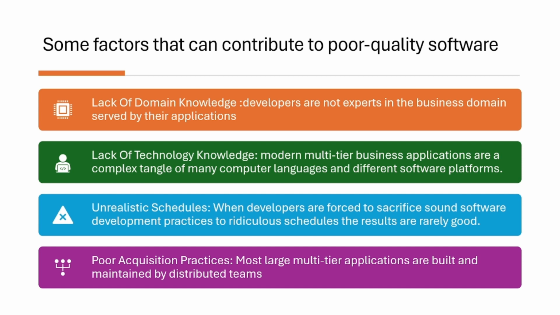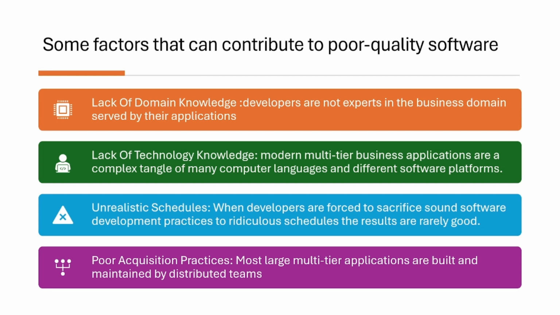That means it will be poor quality software. Lack of domain knowledge, lack of technology knowledge, unrealistic schedule, poor estimation practices. So all this will give very bad quality, and the software will be very poor.